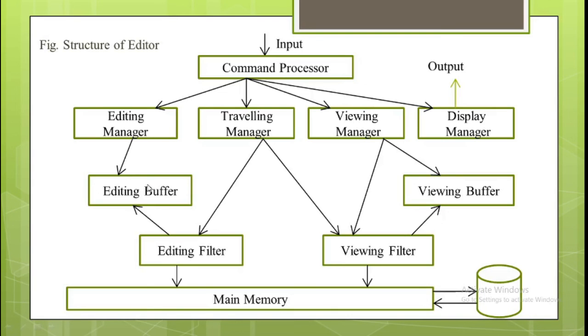Whenever editing is performed, the editing filter updates the internal form of text in the viewing buffer. Some editors provide undo functionality to nullify previous editing operations. This is implemented by pushing previous views onto a stack or by performing an inverse of the previous editing operation.